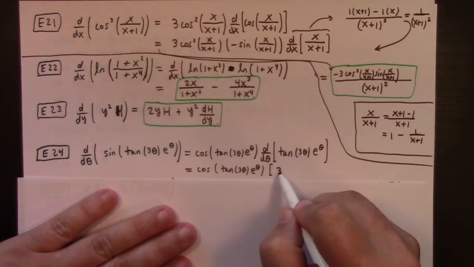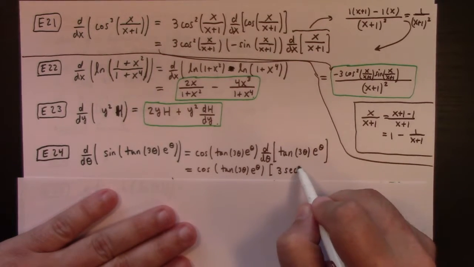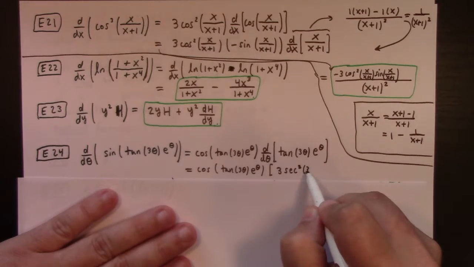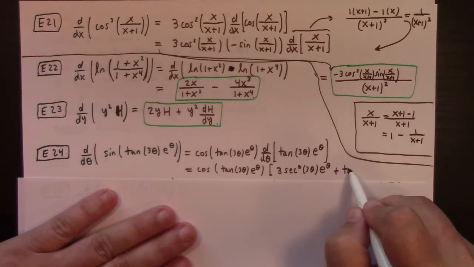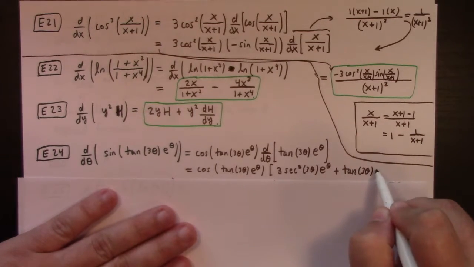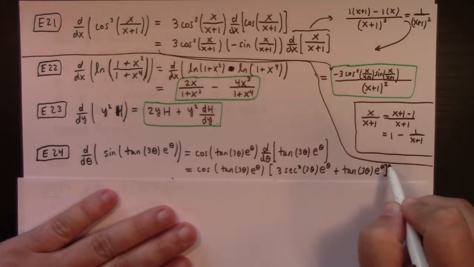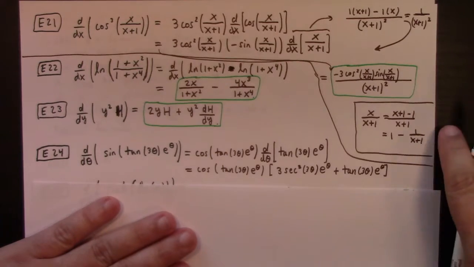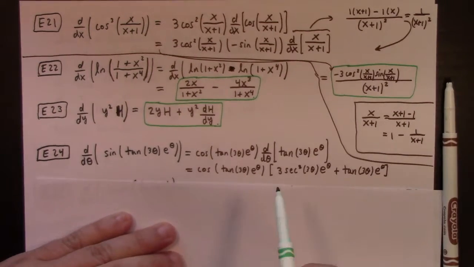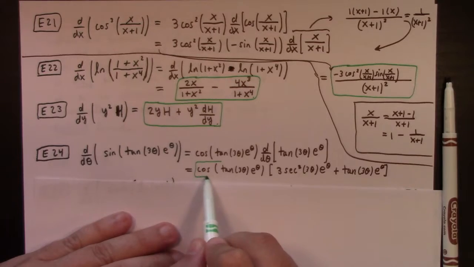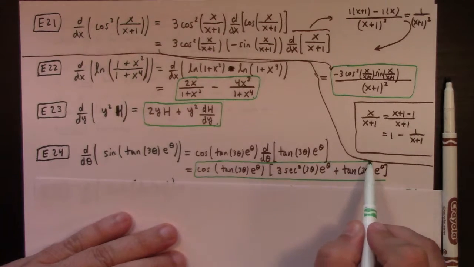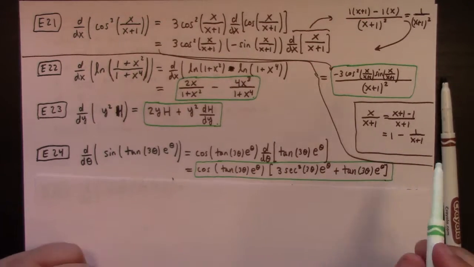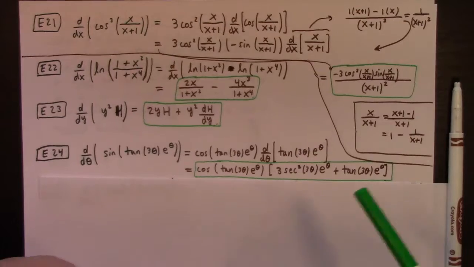So I get 3 secant squared of 3 theta times e to the theta, plus tangent of 3 theta times e to the theta by the product rule. And that is it. So there is the answer. I don't think there's much point in trying to simplify it further. You could factor out an e to the theta. In fact, you have 2 of them, so you have an e to the 2 theta out front, if you wanted to factor that out.